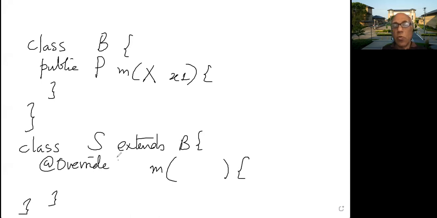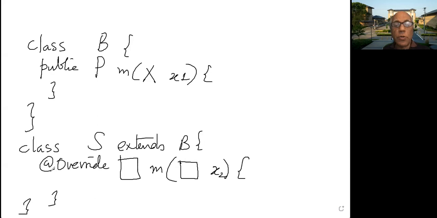The question is, what can I put here and what can I put here for the type? So some parameter, let's call it x2 maybe. So what can I put for the type of x2 and what can I put for the return type?